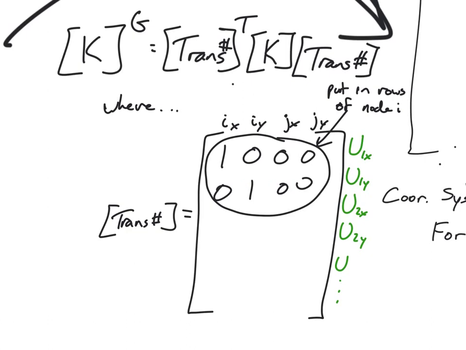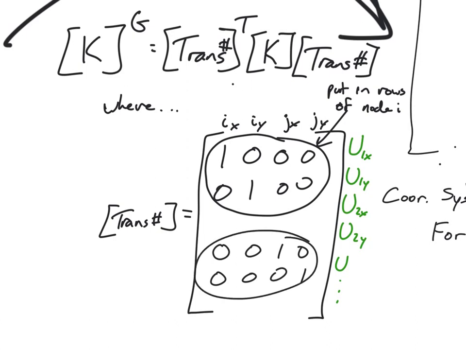All right, likewise, for node J is going to be 0, 0, 1, 0, followed by 0, 0, 0, 1. And both these guys put in rows of node J. All right?